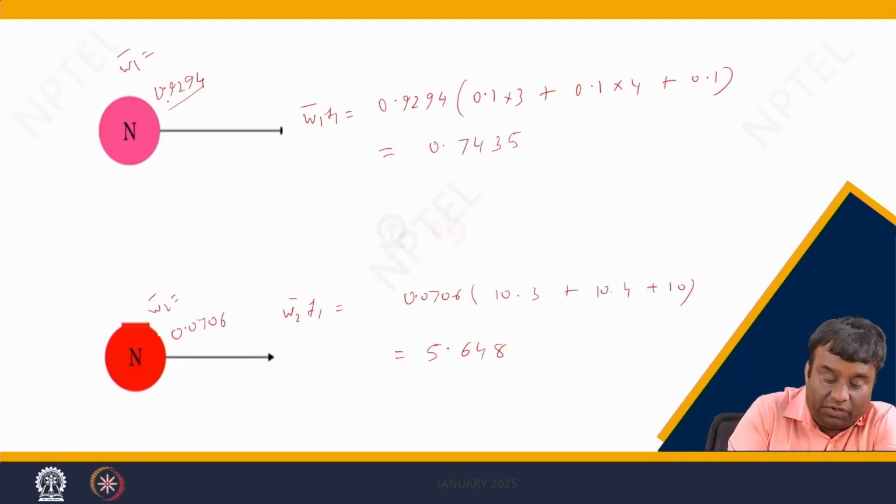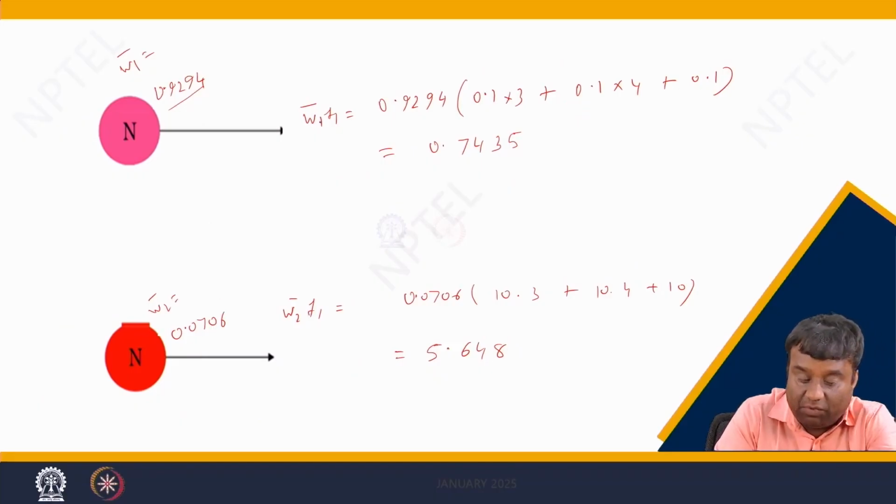Now we need to go for layer 4, the consequent layer. W1 bar is 0.9294, W2 bar is 0.0706. W1 bar F1 is 0.9294 into (0.1 into 3 plus 0.1 into 4 plus 0.1), so we'll get 0.7435. Actually this is the formula, W1 bar F1 equal to W1 bar times (P1x plus Q1y plus R1), where F1 is given as 0.1x plus 0.1y plus 0.1.